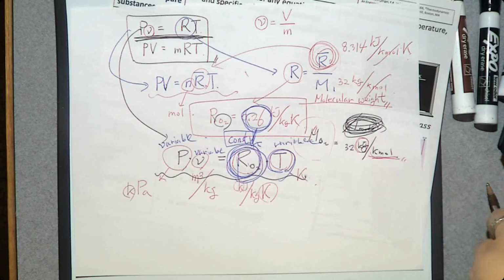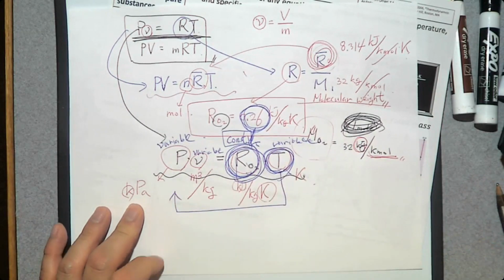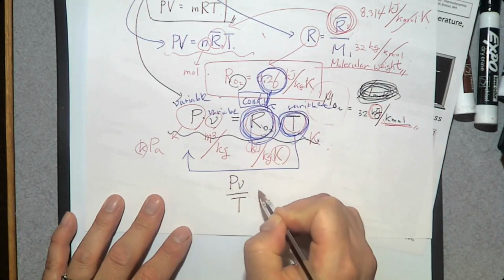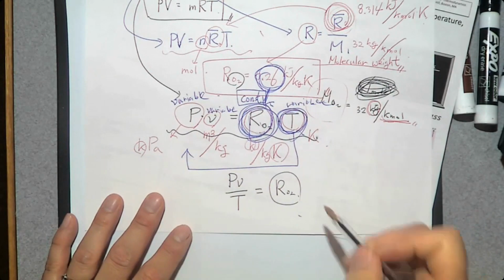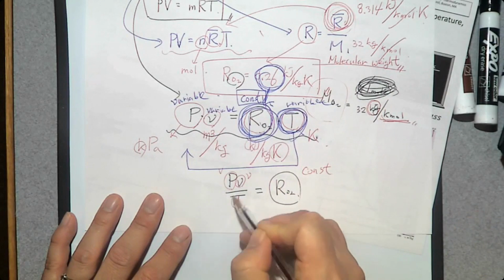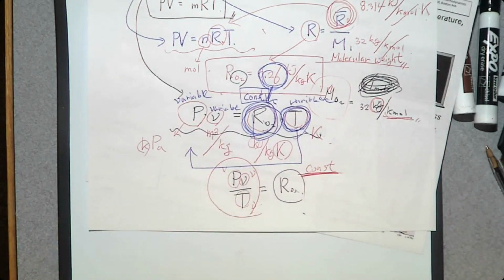Then why don't we move the temperature to the left-hand side? Then we have Pv over T is the gas constant R. This one is constant, and this one is variable, this one is variable, this one is variable. However, the whole thing should be constant. So if you write the ideal gas equation in this form, pressure times volume divided by temperature should always be constant.